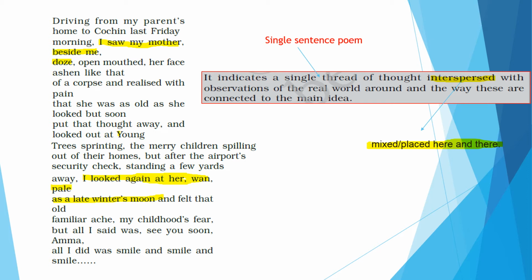Later, at the airport after the security check, she looked back at her mother again. So the second observation: her mother's face was wan, pale, as a late winter's moon. So here we see how observations of the real world are interspersed with the thought, a single thread of thought. That's why the poet doesn't use any full stop in between to separate the lines.